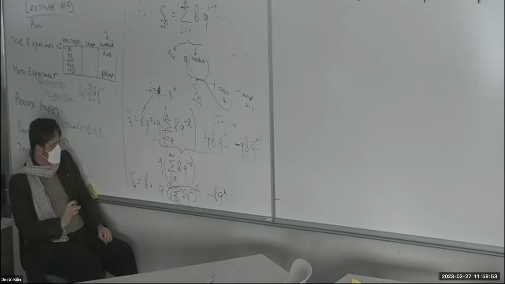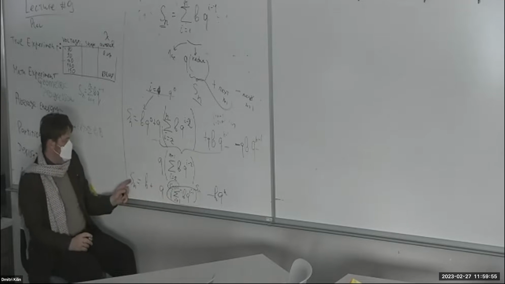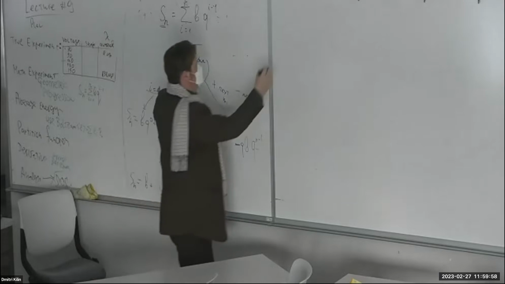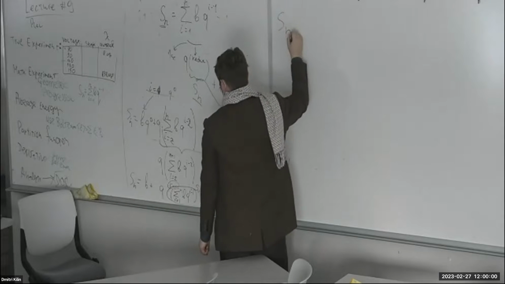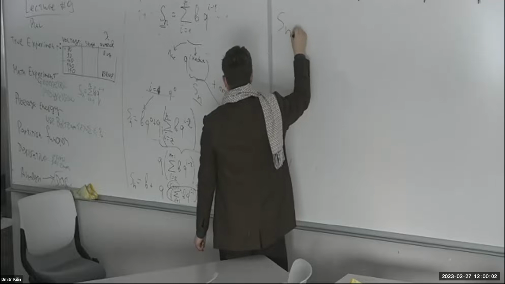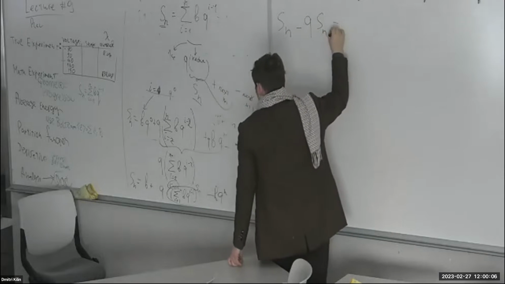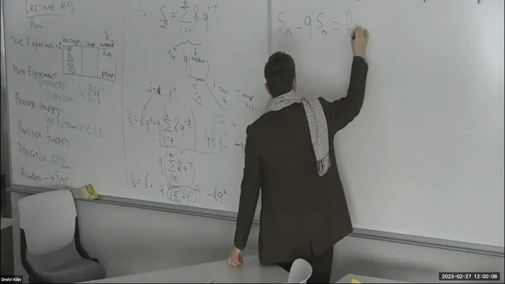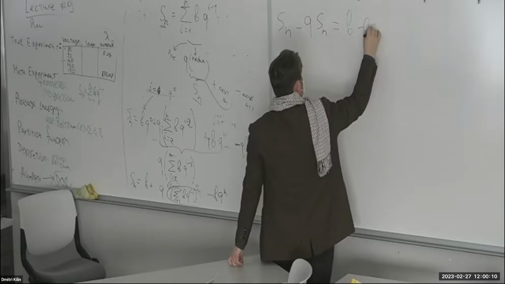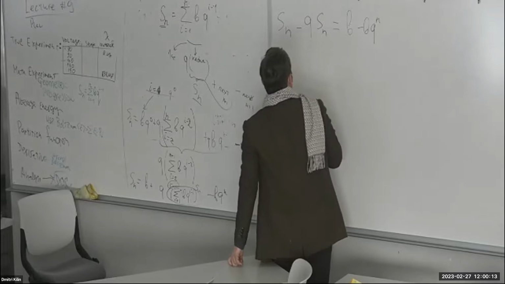And now let's put S sub n to the left. So S sub n minus q times S sub n equals b minus b q to the power n.